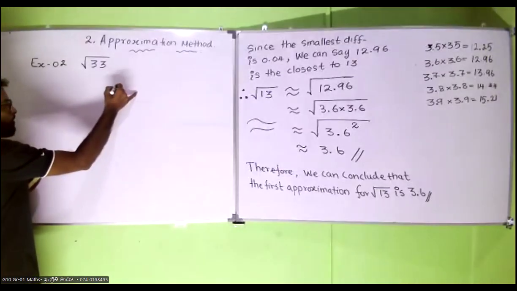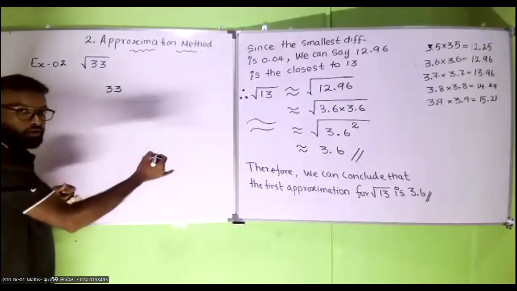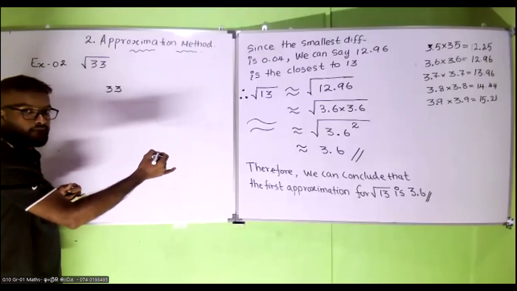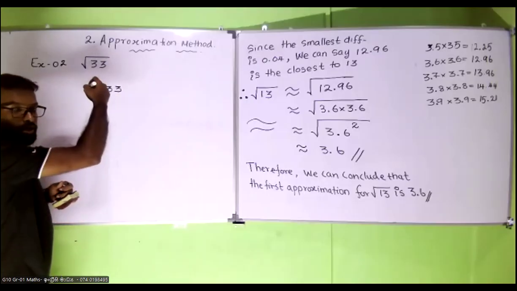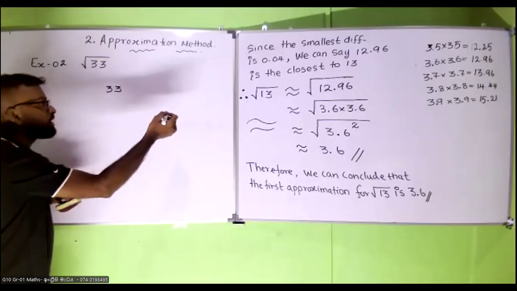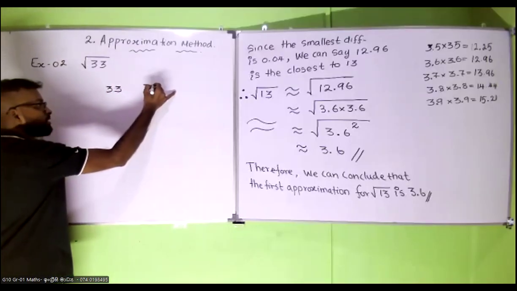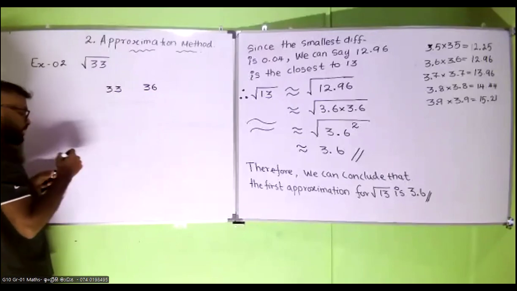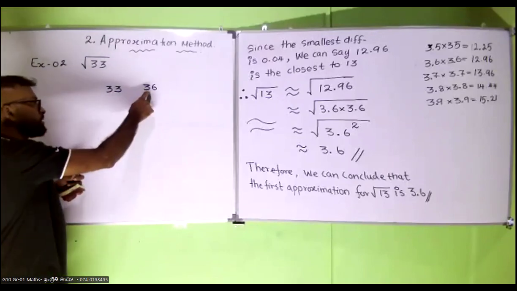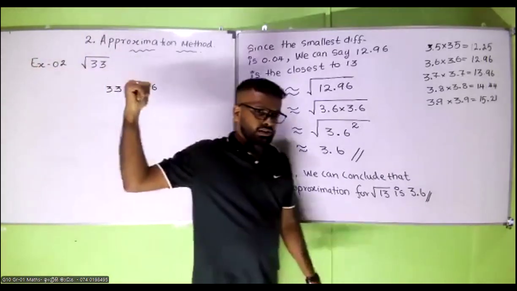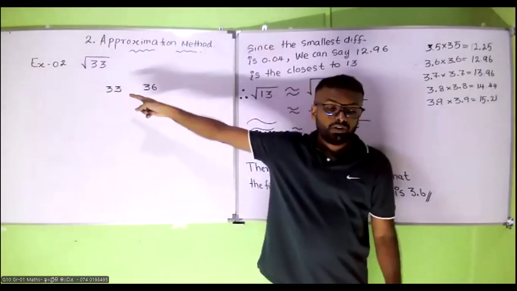33. You are going to find which perfect square numbers are smaller than and greater than it. I know definitely 36 is the bigger perfect square than this. Can you tell me what the lesser perfect square is?